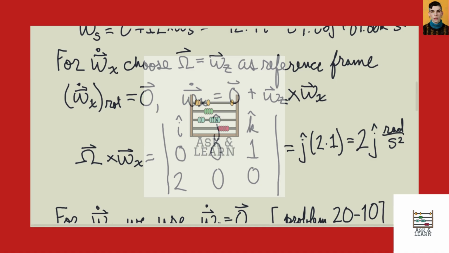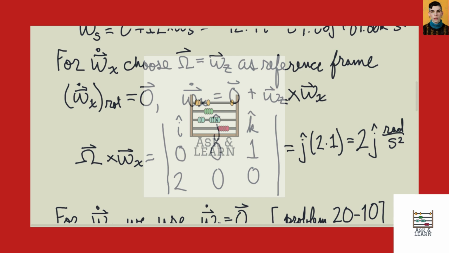For the next component of our angular acceleration, we have the time rate change of vector omega x that corresponds to the rotation about the axis along the x dimension. For this, if we choose the rotation frame, capital omega equals vector omega z, that frame will satisfy our condition that the angular velocity in the x component does not change direction. That direction stays constant, rather. We also know that there is no time rate change of the magnitude of the angular velocity in the x direction.